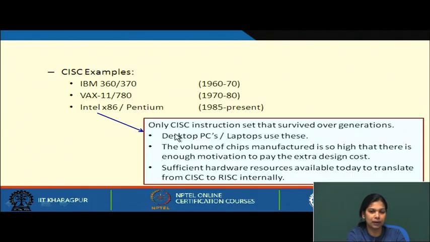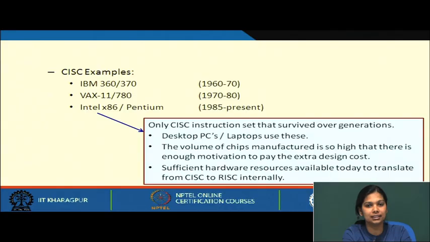One thing is backward compatibility. By that what we mean is that they started with some machines, some instructions. Today also those instructions can be executed on the machine, but in the newer machines you have newer features, and still they are backward compatible. And this was also possible because the volume of chips manufactured is very high.